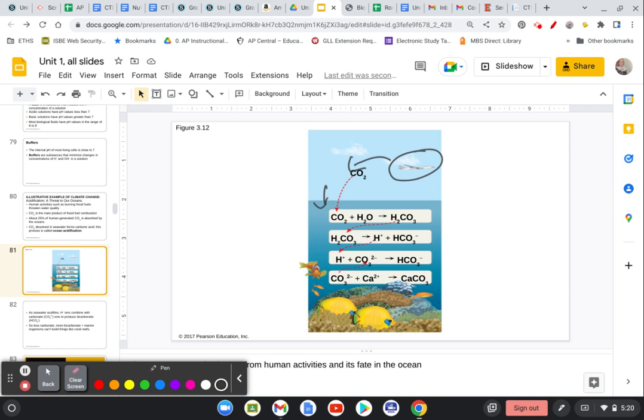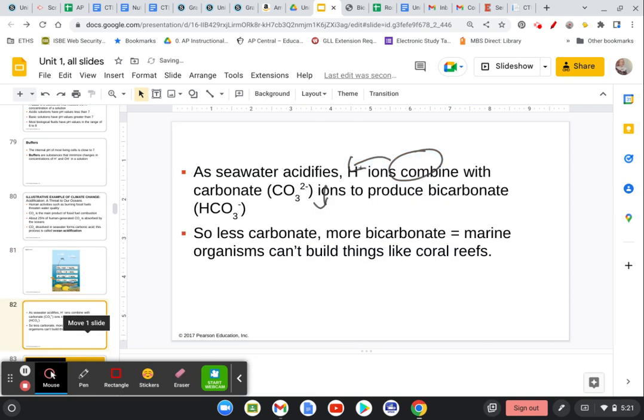Let's see. I actually have to look at the next slide because I don't remember exactly what it produces. Let's look here together. Okay, so as the seawater acidifies, so as the carbon dioxide is dissolved into the water, that produces bicarbonate. Again, it's not really important so much about the details, but what that happens.